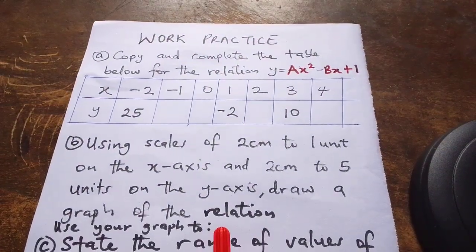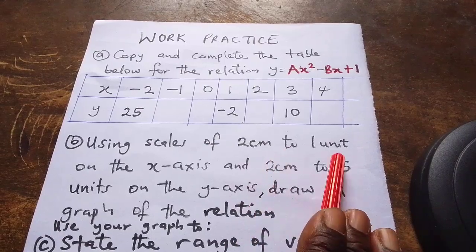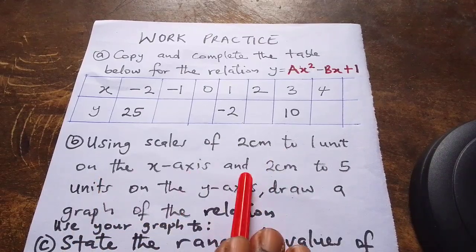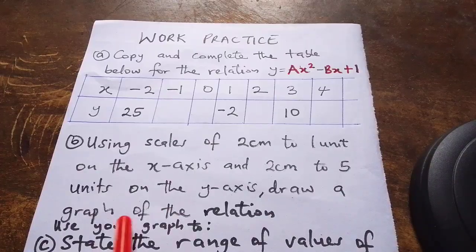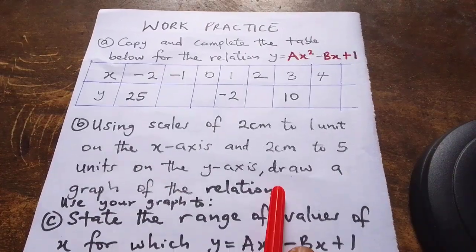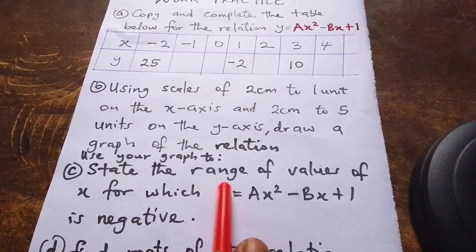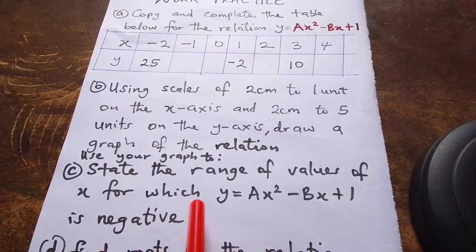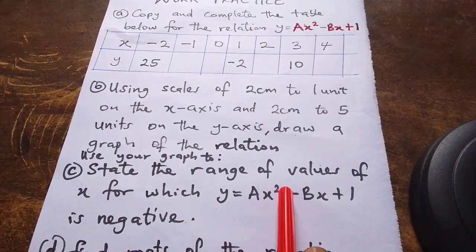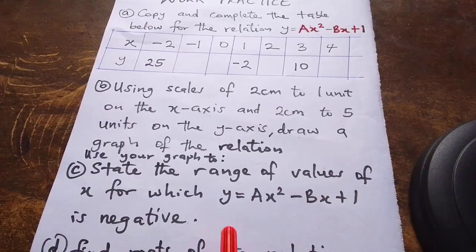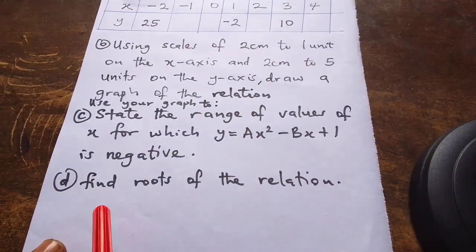Then b, using scales of 2 cm to 1 unit on the x-axis and 2 cm to 5 units on the y-axis, draw a graph of the relation. You have to draw the graph of the relation. Use your graph to state the range of values of x for which y equals ax squared minus bx plus 1 is negative. Then d, find the roots of the relation.